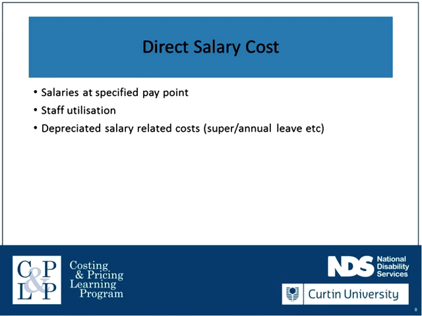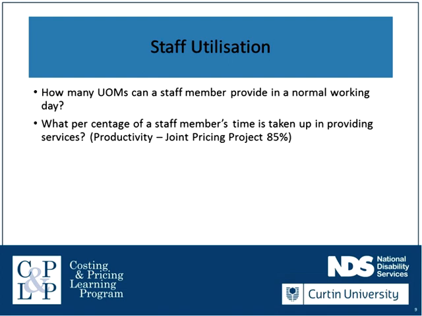So you need to take into consideration not just the depreciated salary costs as they are when you incur them, but the likelihood of paying those out relatively soon so that the costs aren't inflated in the future and that they're fully recovered. The second element that I talked about previously was this of staff utilisation.